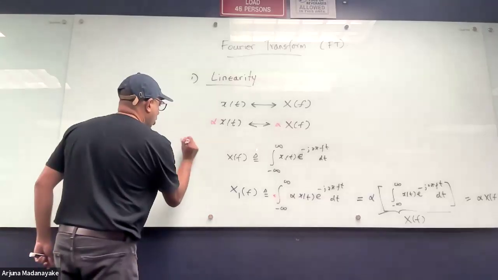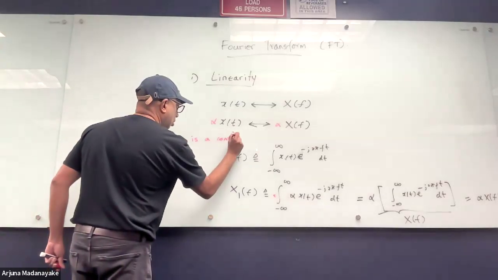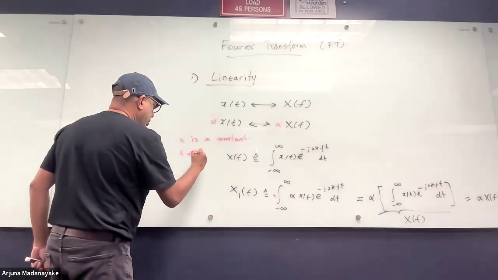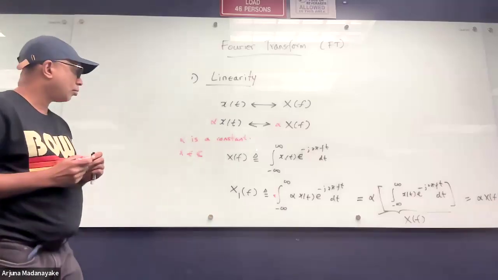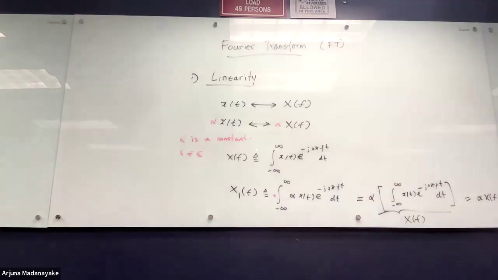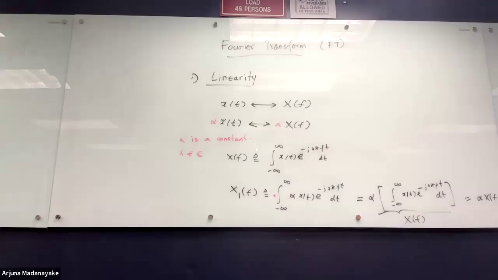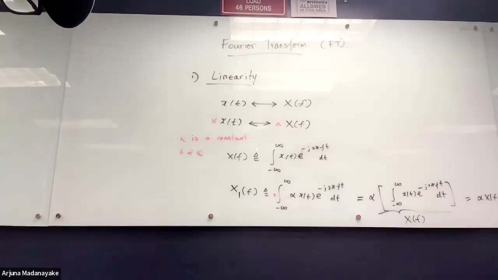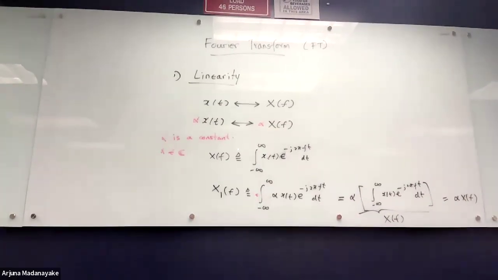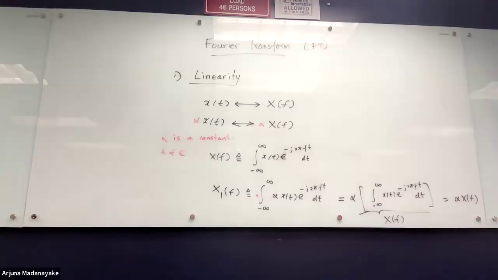I should say that alpha is a constant, and typically alpha can be a complex variable. All right, so let's move on.